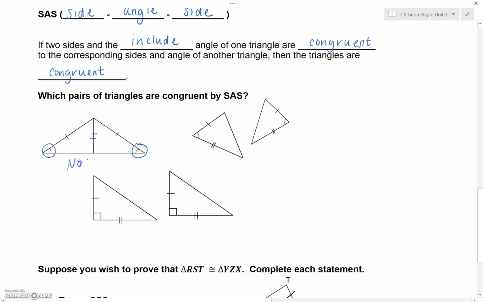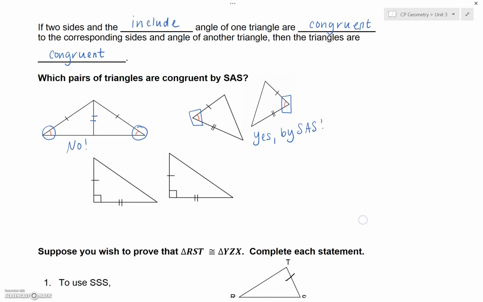So I cannot use side, angle, side to prove those to be congruent. However, in these triangles, I do have the included angle. So these triangles will be congruent by side, angle, side. And then last but not least, this is also an example of the angles being included between the two congruent pairs of segments. So yes, by side, angle, side.